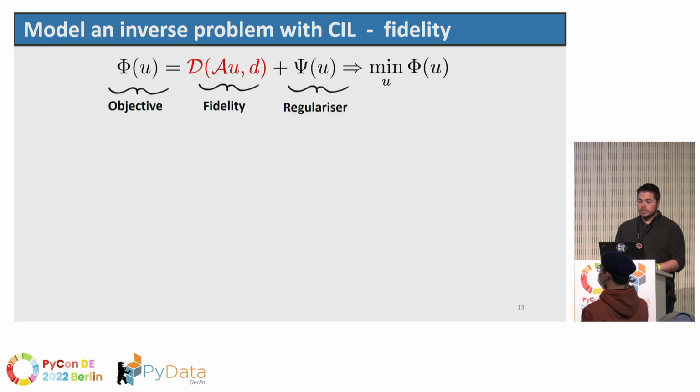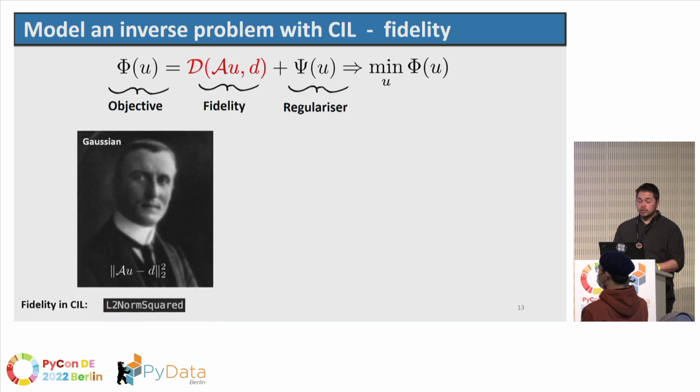Next, we have this fidelity term. As I said, this is a data fitting term. Depending on what kind of noise we observe on our data, and different systems will have different noise, we need to use different ways to measure this, different data fidelity. The simplest case, if we have simple Gaussian noise, you can derive it as a MAP estimate, maximum a posteriori estimate in a Bayesian context, if you like, but it's just this least squares regression or fitting term. In SIL, we call that an L2 norm squared.